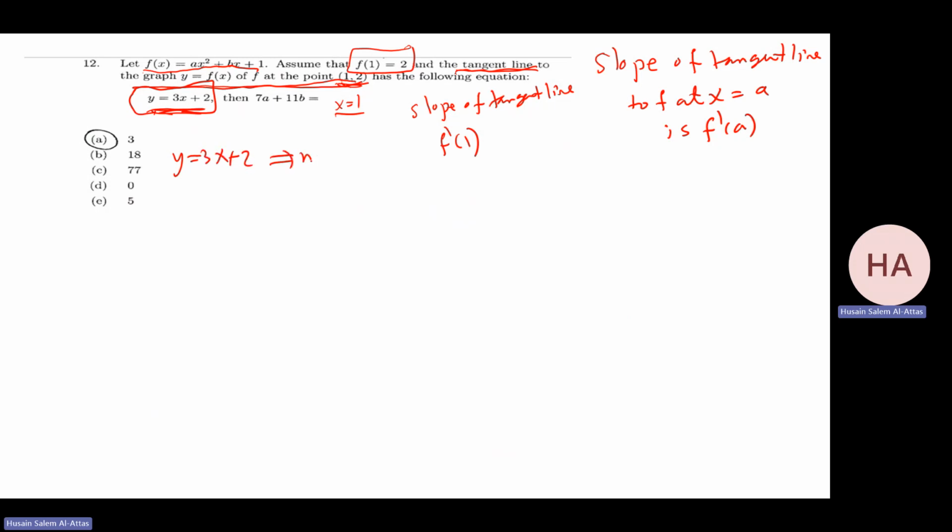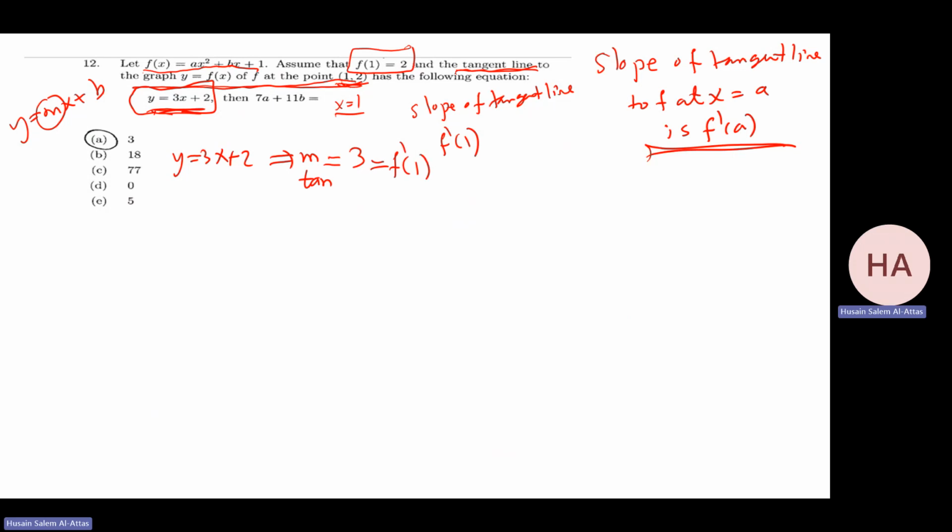So what will be the slope of that tangent line? The slope is 3. I know it, y equal mx plus b, it means the slope is m. So this 3 equals f prime at 1. This is the rule, the relation between the slope of the tangent and the derivative.